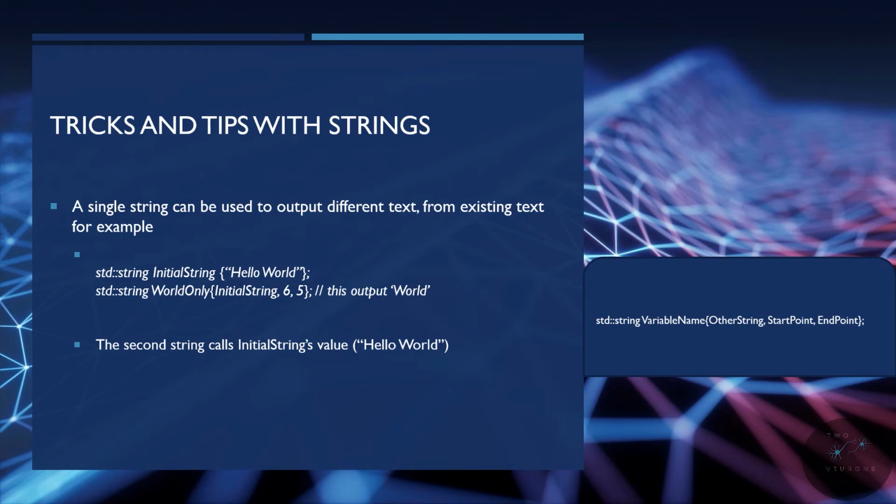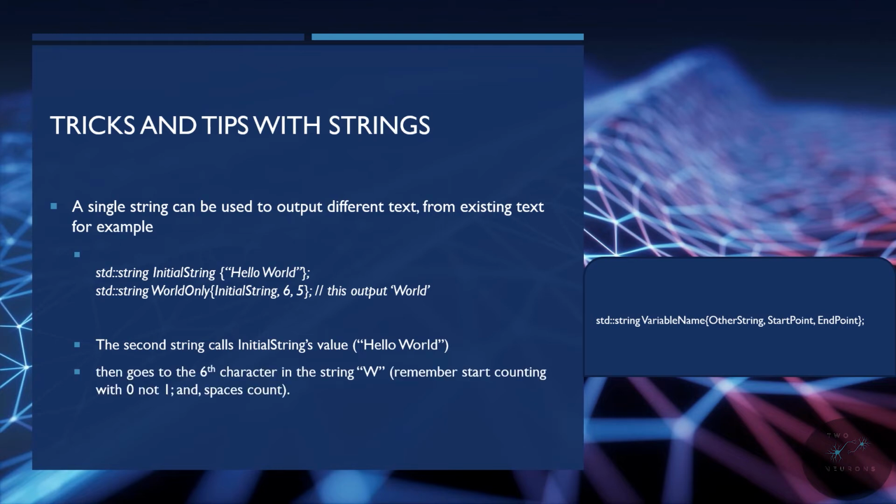As you can see in my example on the right, that is the other string in the brackets. It then goes to the start point, which in this case is the 6th character, which is W in our initial string. Remember, start counting with 0. So H is 0, the space between hello and world is 5, and the W is 6. It then runs until the endpoint. So I've given it an endpoint of 5 characters.